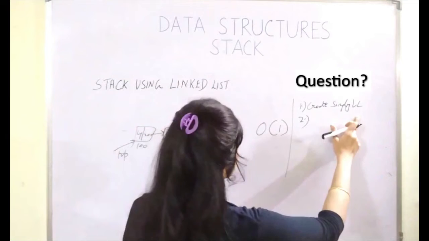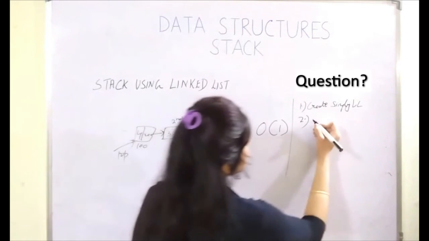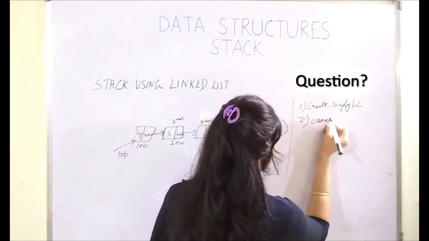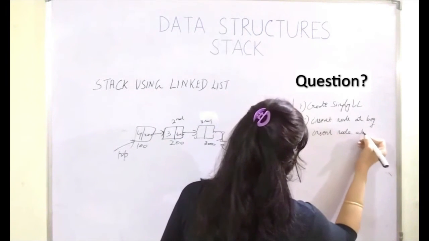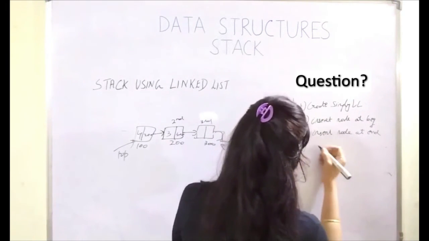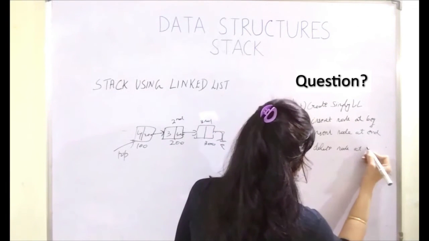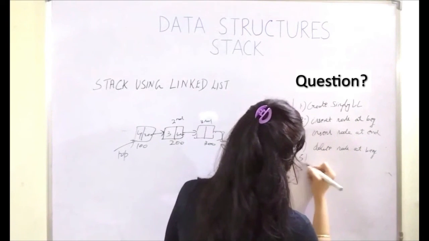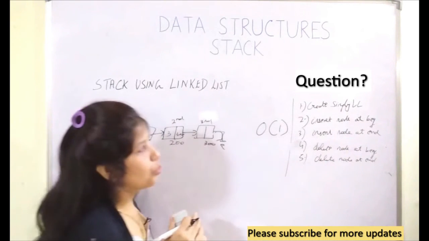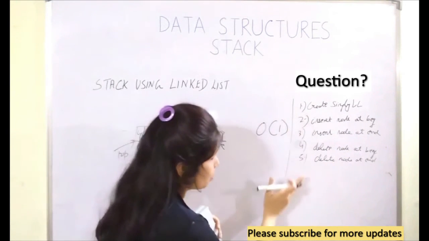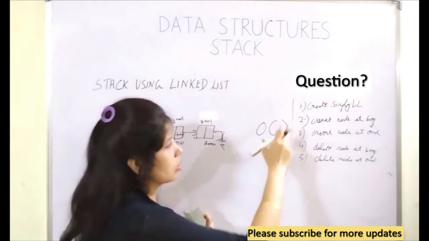And then you have to insert node at beginning, insert node at end, delete node at beginning and delete node at end. So I want you to write these few lines of instructions.